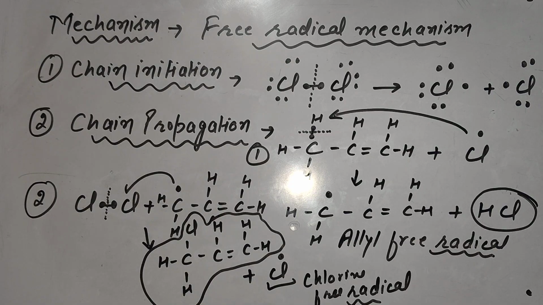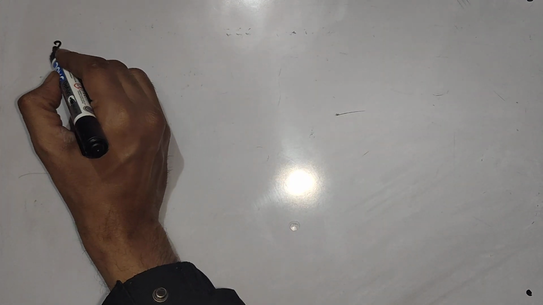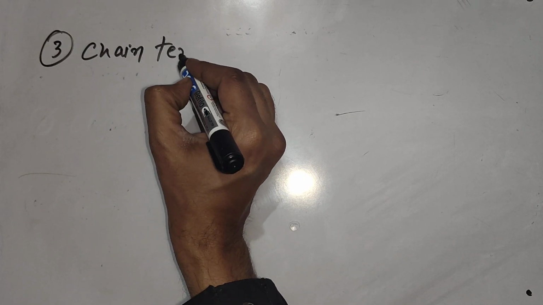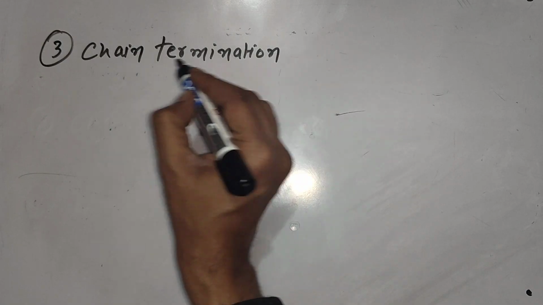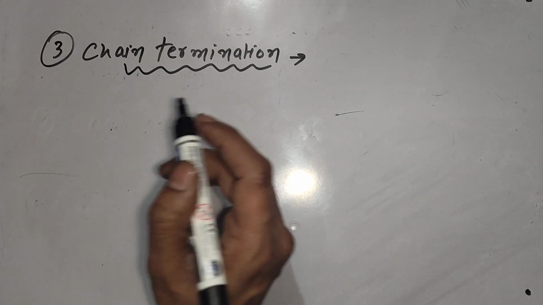Now after the chain propagation step, the last step, we know, is the chain termination step. Third step, chain termination, means those steps which are trying to stop the reaction.